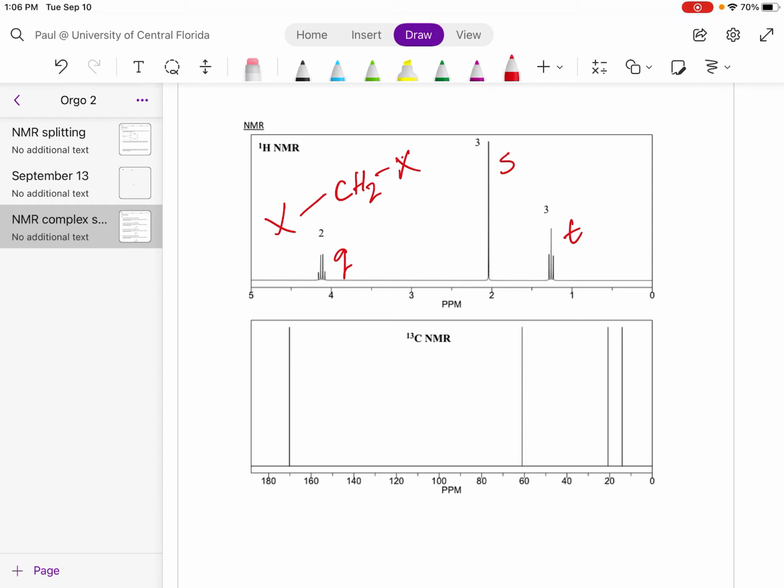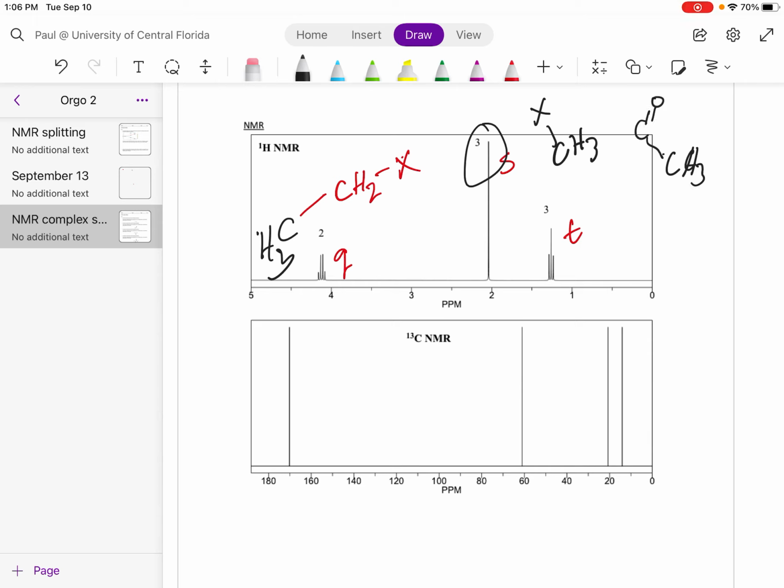And one way to do that is one of those X groups right there has to be a CH3. That's the only way that methylene could be a quartet. And then for this signal, we have a methyl, CH3, and that has to be attached to something that gives it a singlet. And so that could be a CH3 attached to a carbonyl.